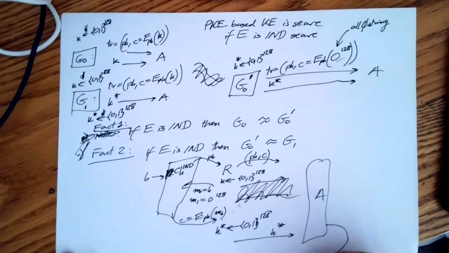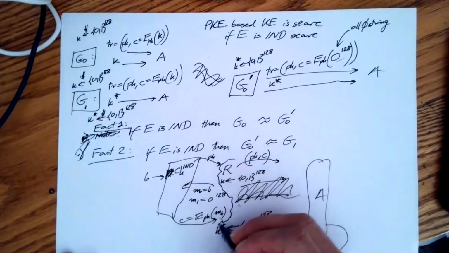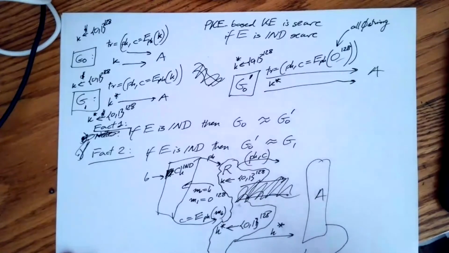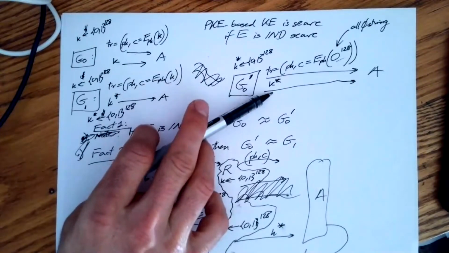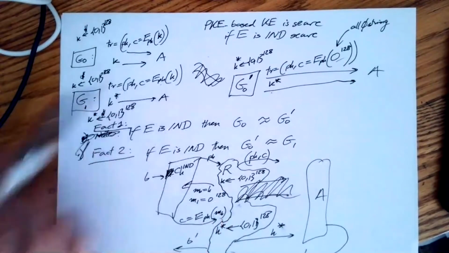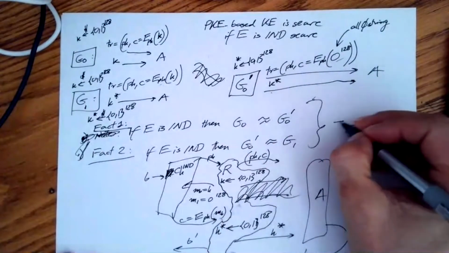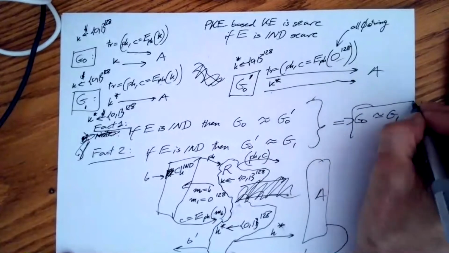The attacker sends some bit. The reduction just forwards the same bit. Yes, and because this key is independent, the reduction can still succeed, right? And now by these, we get that G0 and G1 are indistinguishable, right?